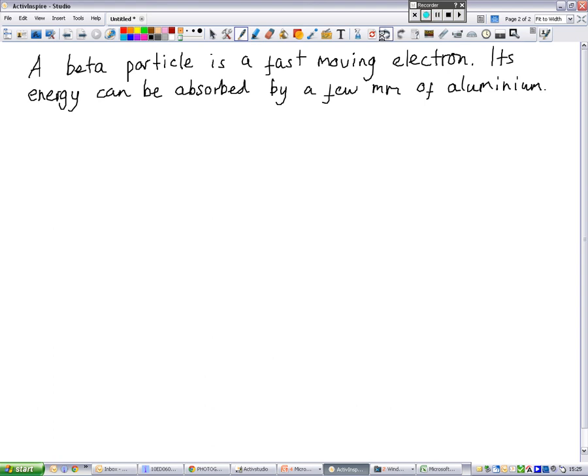Gamma radiation, last of all. Gamma radiation is an electromagnetic wave, which is the reason really why it can travel so far through the air, and why it takes something that's really, really dense to absorb its energy.